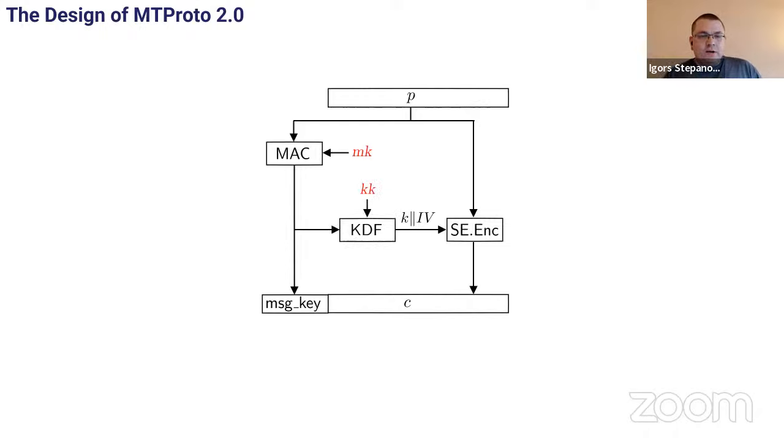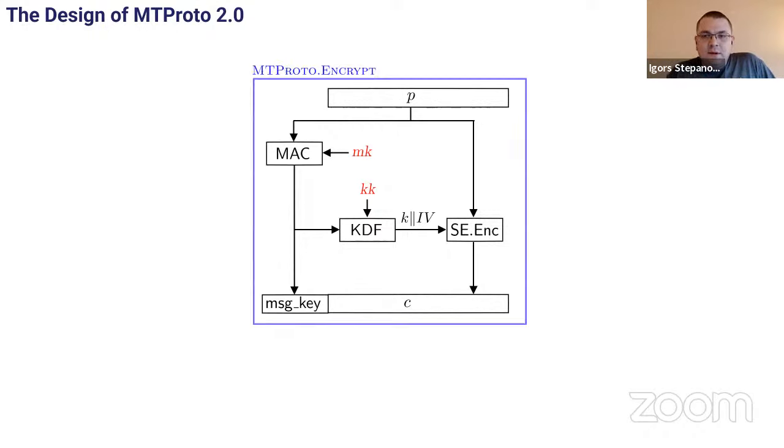Okay, so now let's flesh out more details. The key and IV for the symmetric encryption scheme are actually derived using a key derivation algorithm that takes the tag as input and uses some long-term key derivation key as well. So this basically represents the encryption algorithm in MTProto.